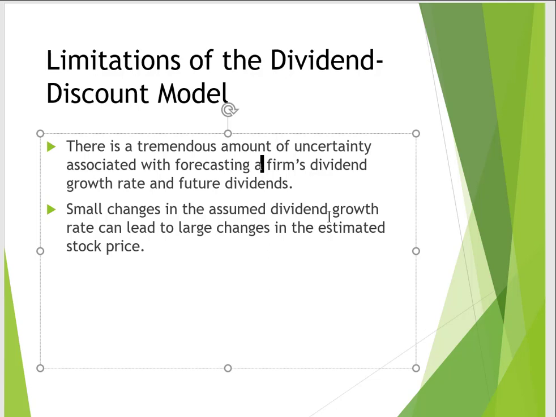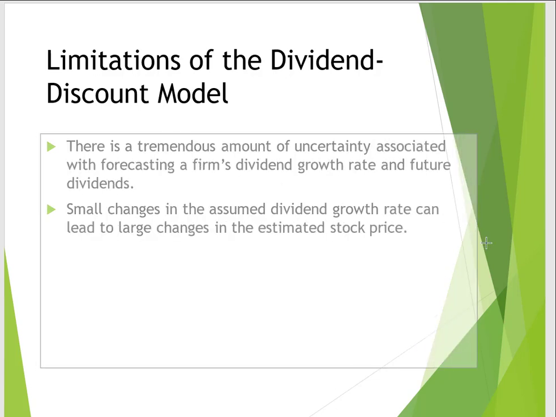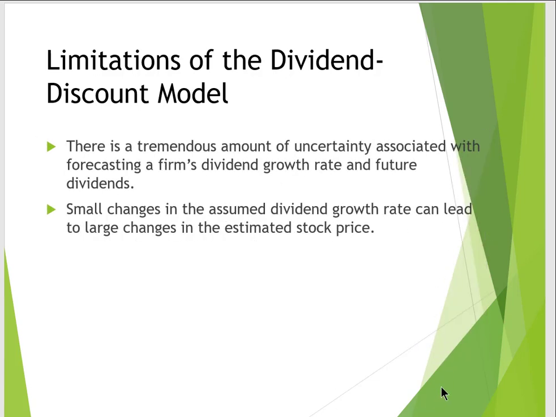So there's a lot of uncertainty with forecasting dividend growth rates and future dividends. It's part of the challenge of investing, right? You need to understand what that growth rate is, and small changes can lead to large changes in estimated stock price.